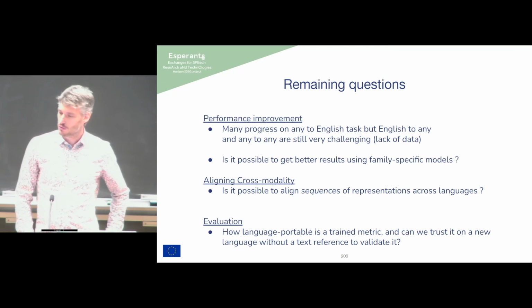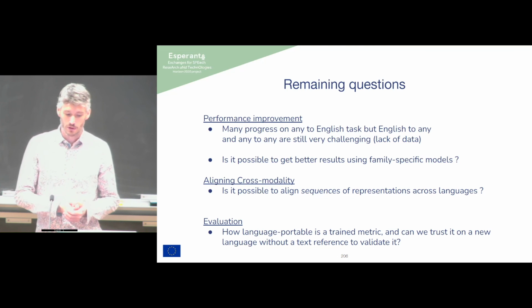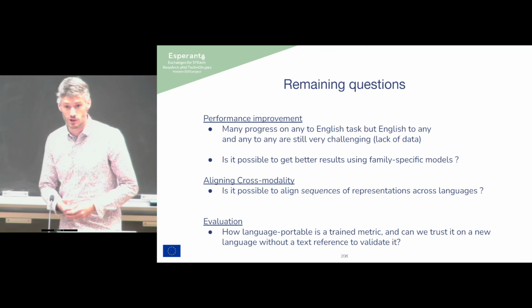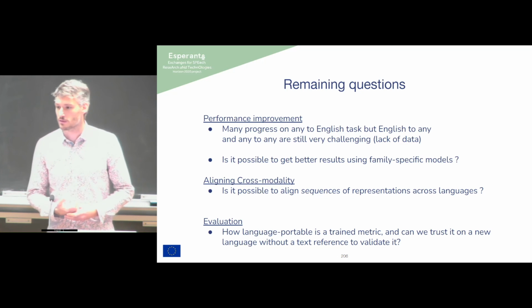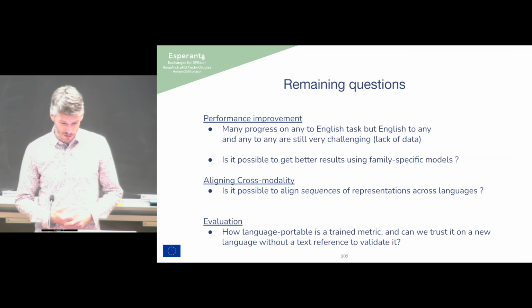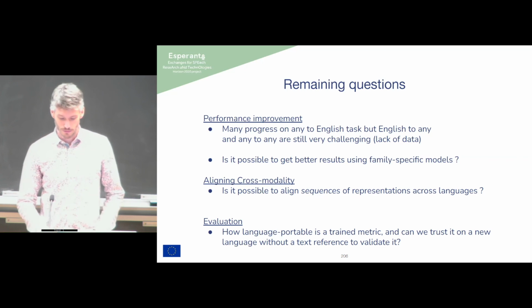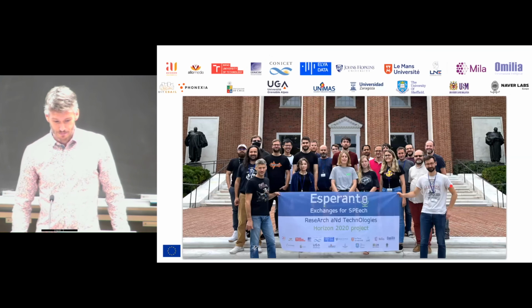But now we need to see how language-portable this metric is. Can we train it for well-resourced languages and use it on under-resourced languages? That's another problem, and maybe we'll have time in a couple of years to work on it in a future workshop.